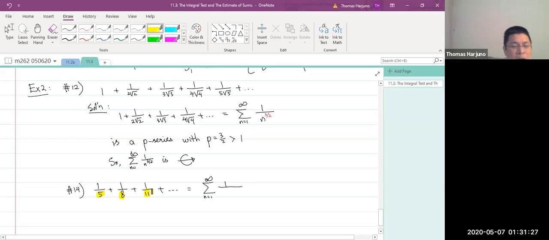Notice that the denominators form an arithmetic sequence: 5, 8, 11. The common difference is 3, so it will be 3n plus 2. It's arithmetic, so it follows a linear function. So the term is 1 over 3n plus 2.